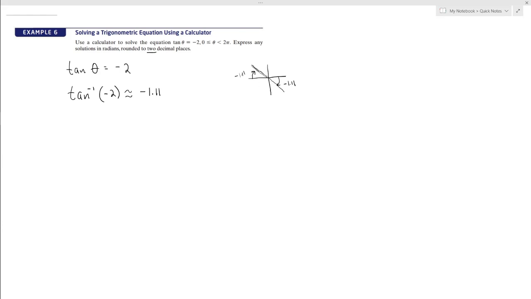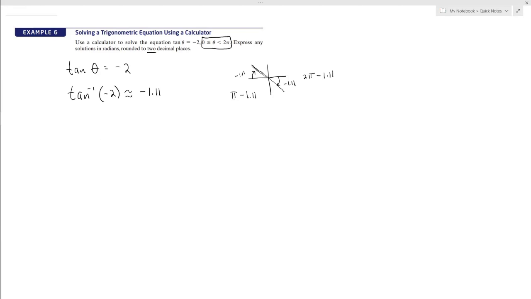Okay, and so this is pi, so I need to take pi minus 1.11, and this is going to be 2 pi minus 1.11, so that we get an answer that's between 0 and 2 pi.